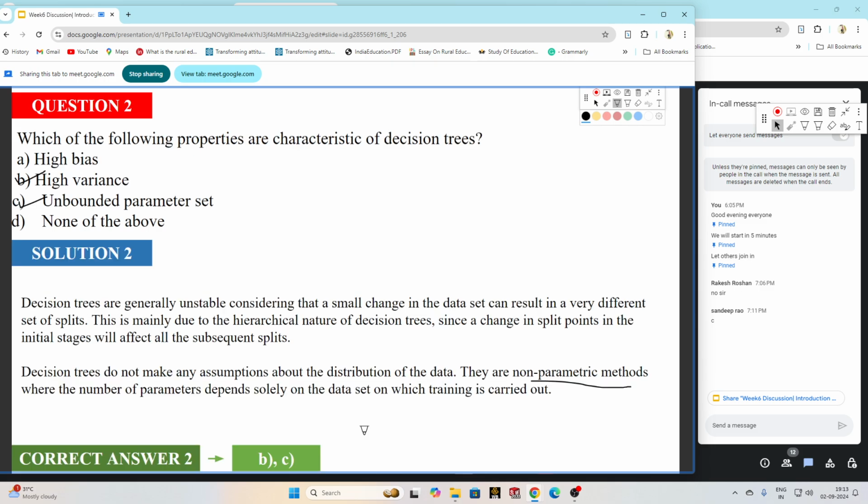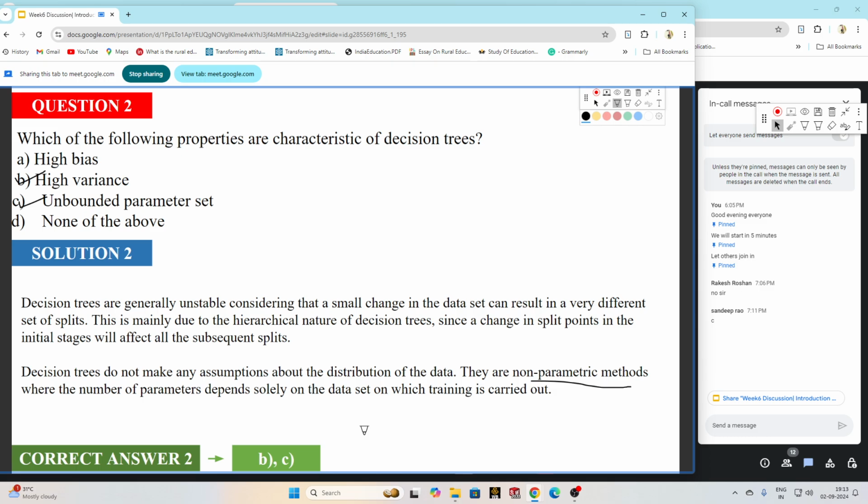So what do you mean by non-parametric? Earlier, whenever we talked about linear regression or anything, we talked about parameters, right? Beta 1, beta 2, beta 3. How many inputs, that many parameters, or one more than that. But here your parameter directly depends on your data set, not on your number of inputs. That is why these are known as non-parametric methods.